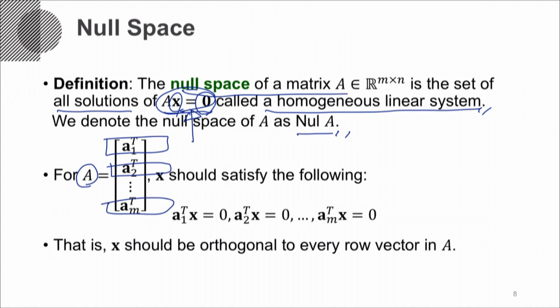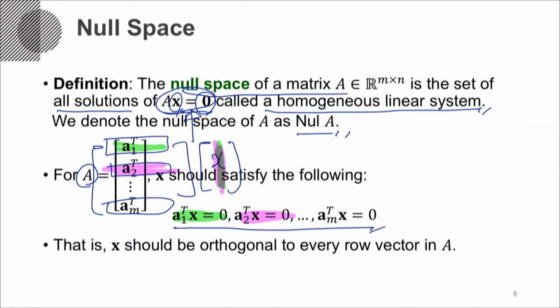So now we consider each row of matrix A, and if we multiply the vector x here, then this row times x should be 0, and the same for the other rows. Thus we obtain this set of equations.